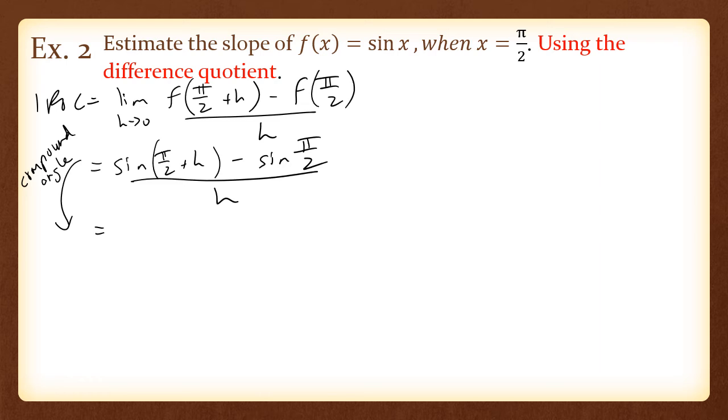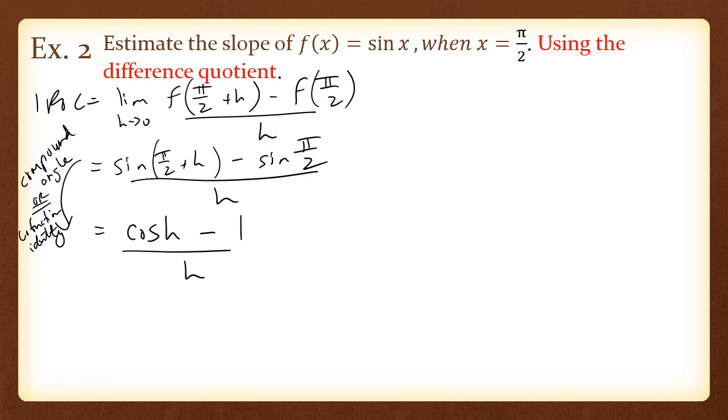So like sine pi over 2 cos h plus cos pi over 2 sine h. Or you can use another cofunction identity. It doesn't matter which one you use. I'm going to use the cofunction identity, which sine pi over 2 plus h is just cos h minus, and then sine pi over 2 is 1. So this is minus 1 all over h.